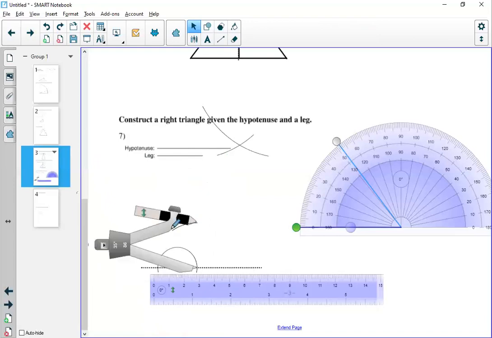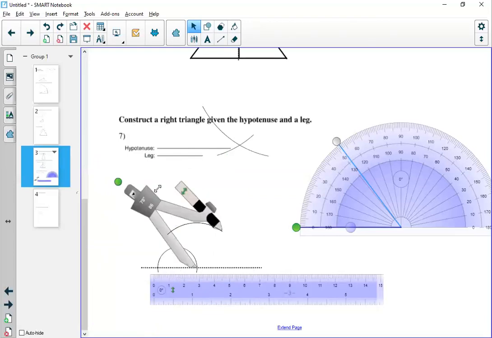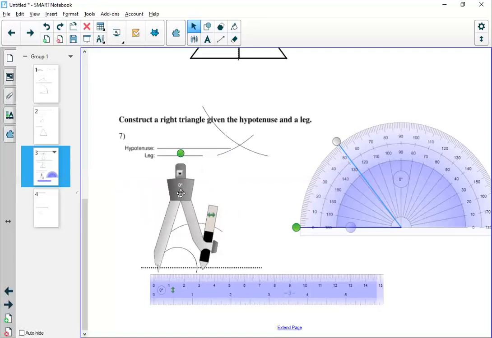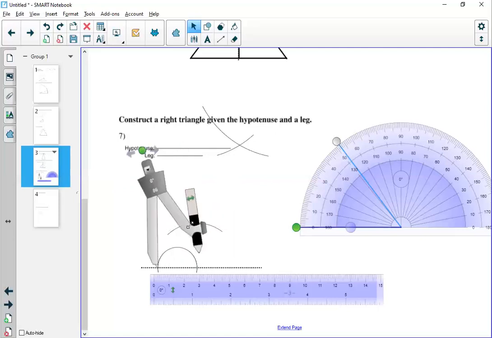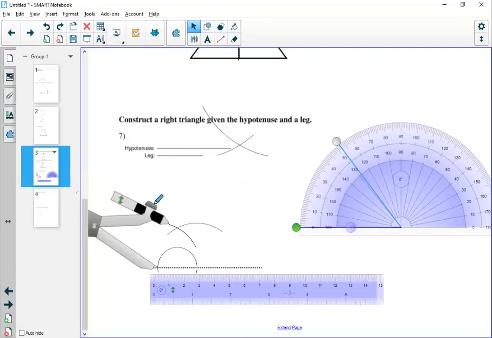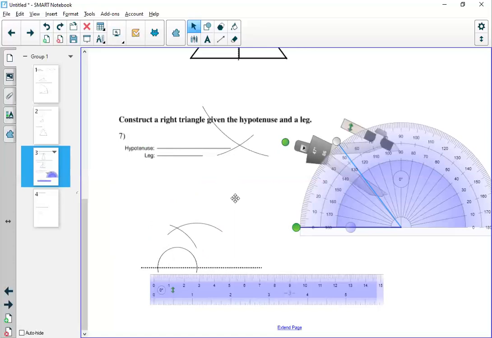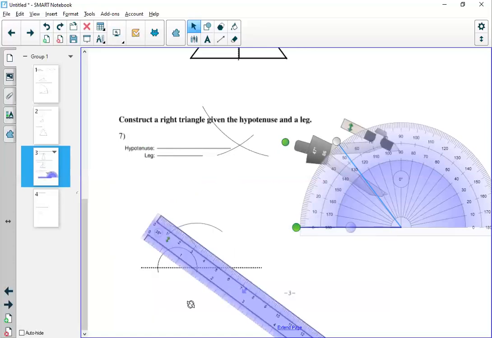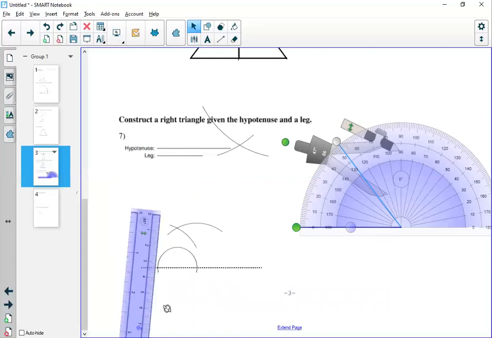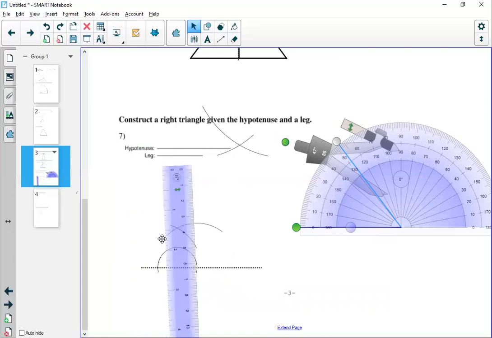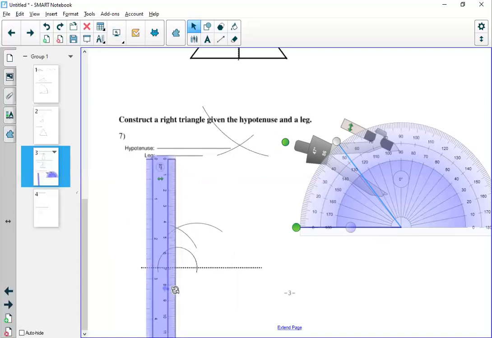Draw an arc here, and with the center at the other end of the initial arc drawn, draw another arc to intersect each initial arc. Good. Then with your ruler, rotate it with 0 degrees, and let the line pass through this thing.